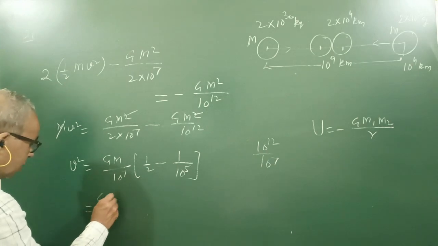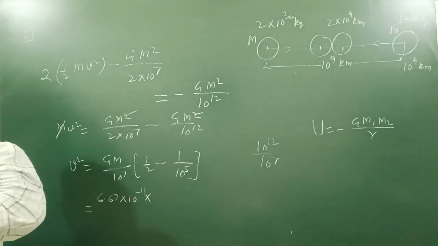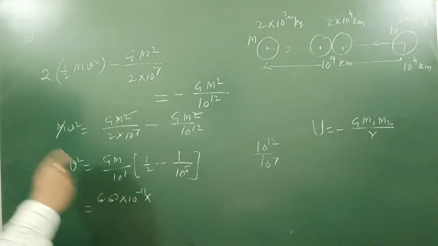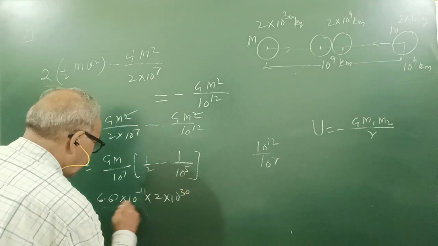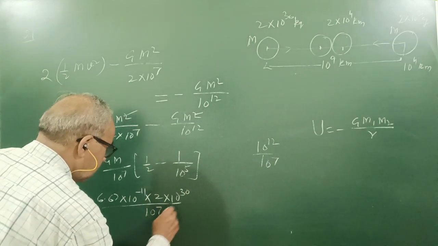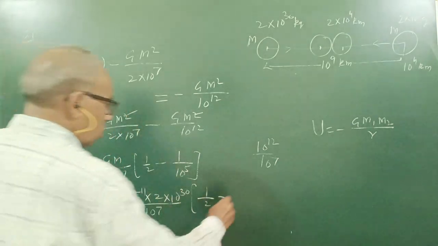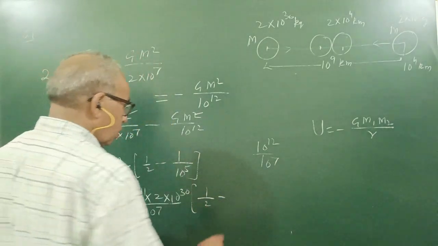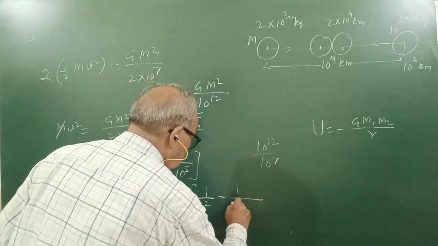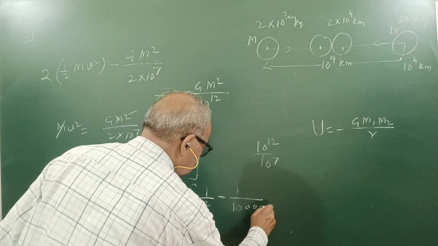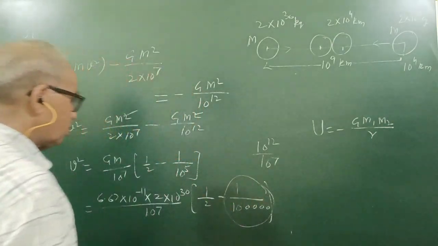G is 6.67 into 10 to the power minus 11. Mass of star is 2 into 10 to the power 30 upon 10 to the power 7. 1 upon 2 minus, you know what this is? 1 lakh, that is 100,000. So this term is negligible.